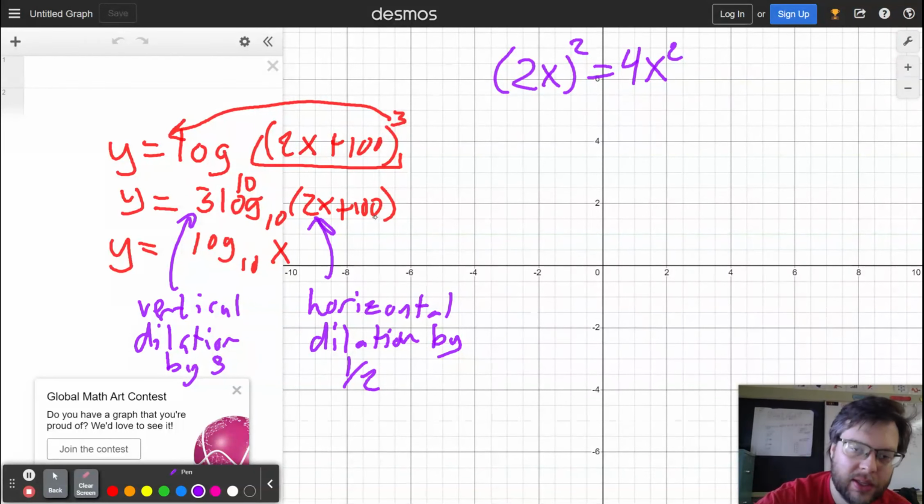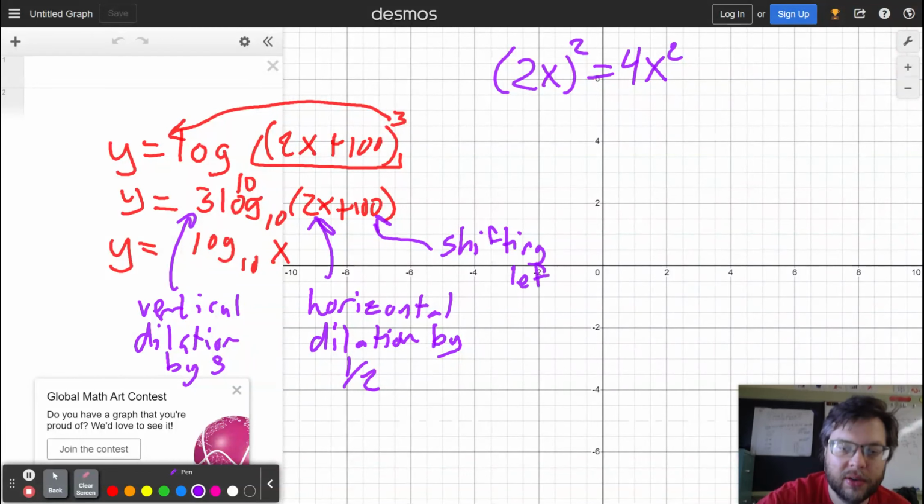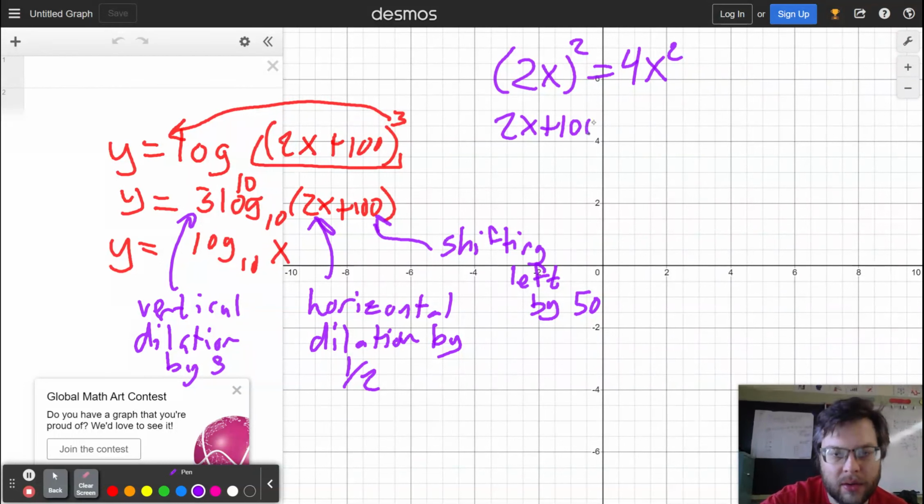And then the tricky thing about the 100 is recognizing if it is shifting it to the left or shifting it to the right. And this one is shifting left by 50. You might say, wait, where did the 50 come from? Well, if you factor 2x plus 100, you can see that it's 2 times (x plus 50).